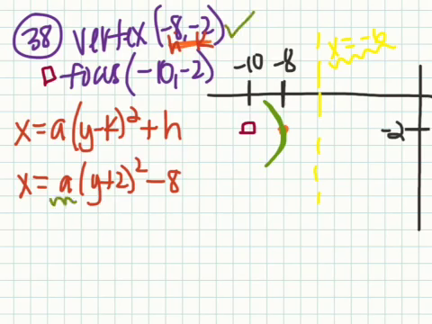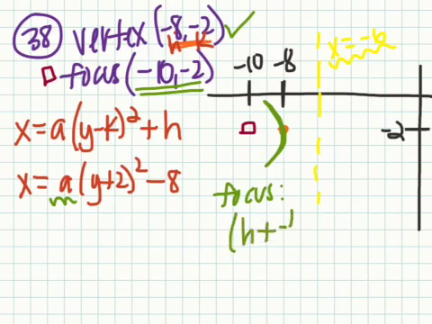We've used the vertex for as much as we can. The only thing that we haven't used, besides on the graph, is the focus. If you go back to your formula sheet and look at the horizontal, or left or right opening parabola, it tells us that the focus equation is h plus 1 over 4a, and k. We know h is -8.